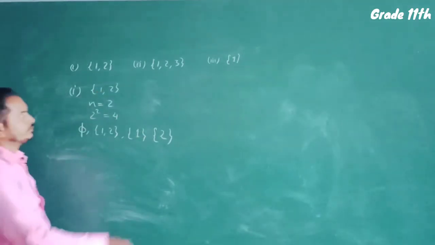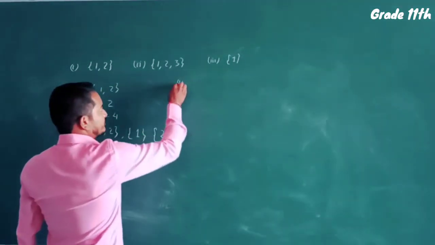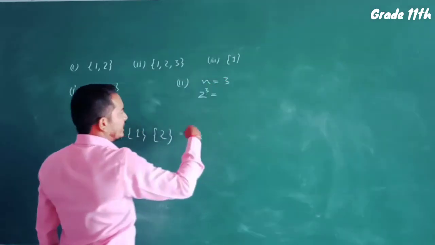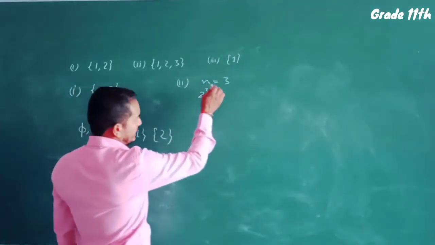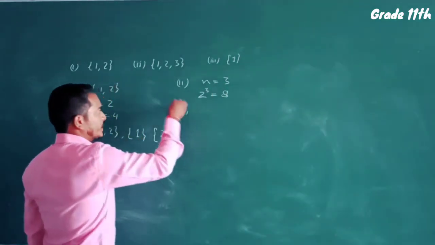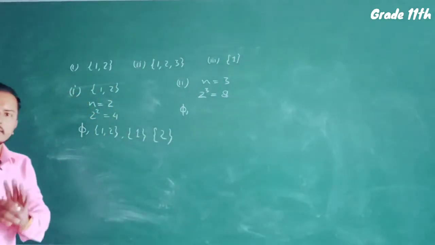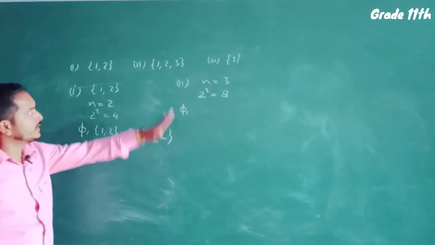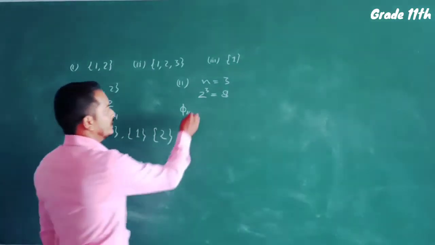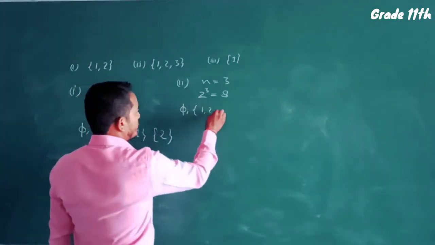Now the second one. How many elements are there? There are 1, 2, 3 elements. It means n is 3. Then the number of subsets is 2 to the power 3, that is 8. The first subset is phi, because the empty set is a subset of each set. The second subset is itself, because every set is a subset of itself, so it is {1, 2, 3}.